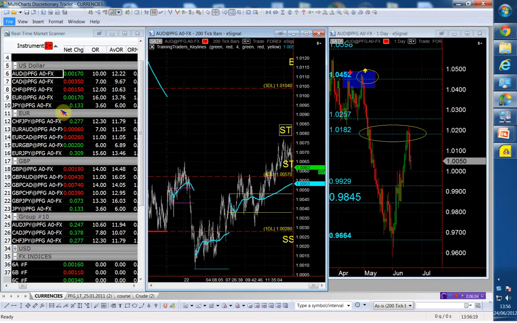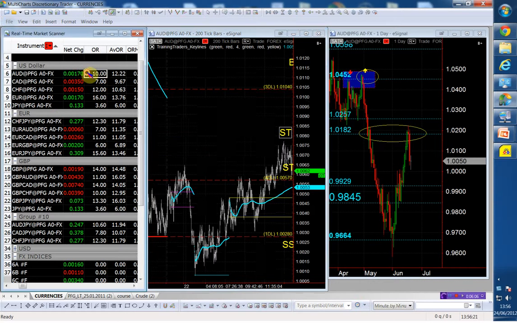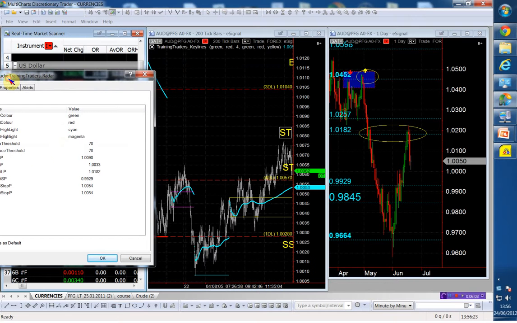So for the Aussie, we're going to buy above 101.20.